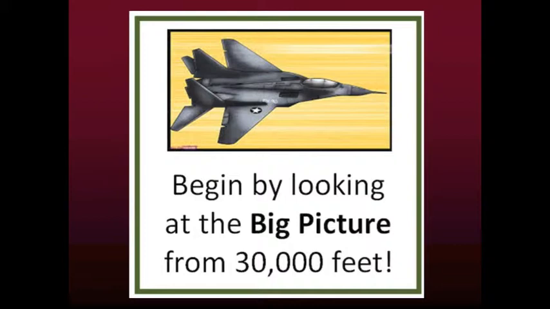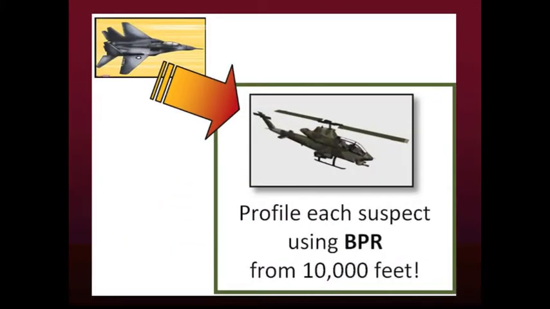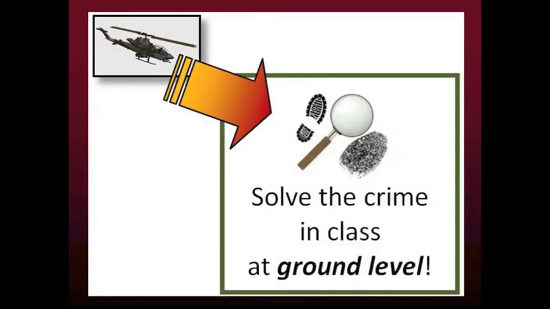Instead, you approach the crime by looking at the big picture from 30,000 feet. Once you have a big picture view of the crime, you can move into 10,000 feet to profile each suspect using BPR. Finally, with clear profiles for each suspect, you are prepared to solve the crime in class at ground level. This is the CSI method for doing BPR.